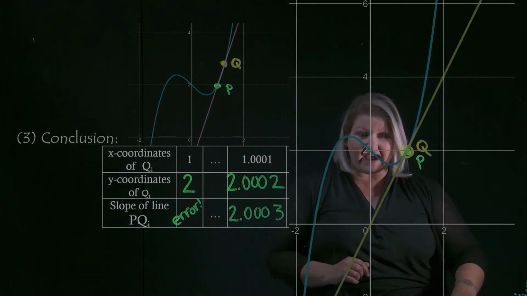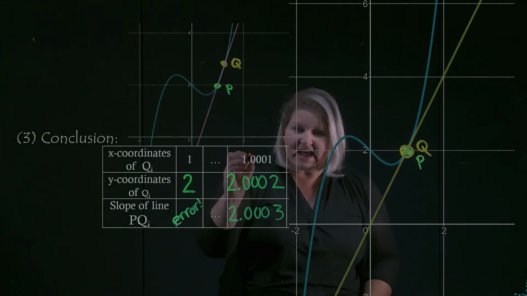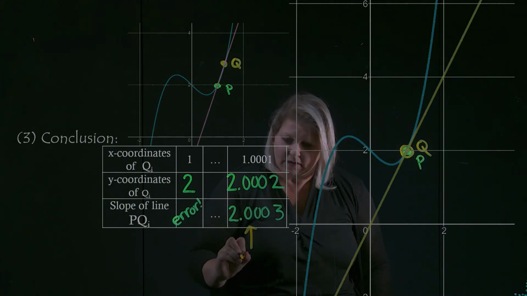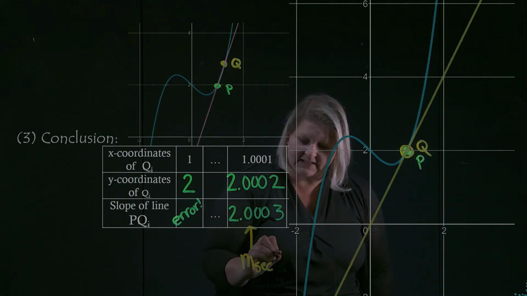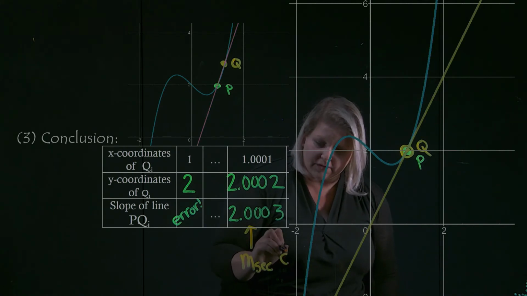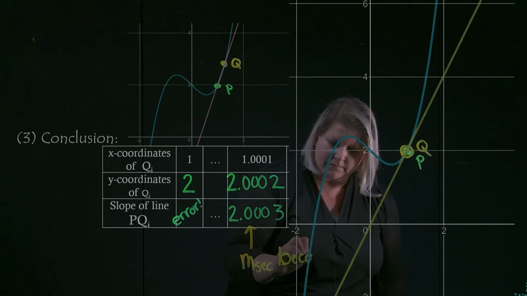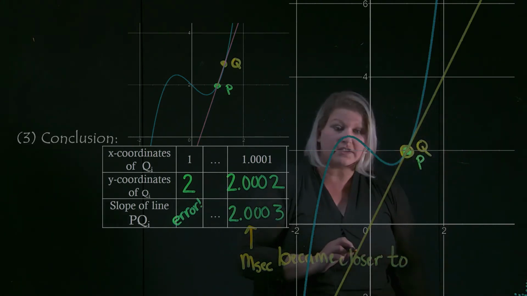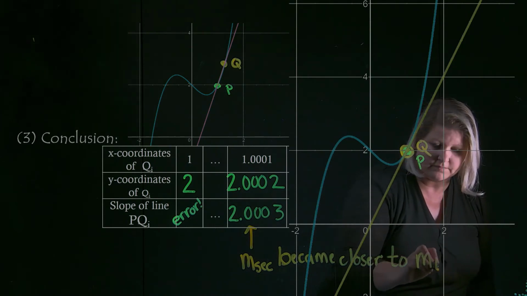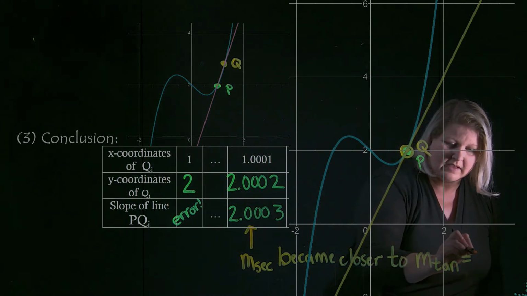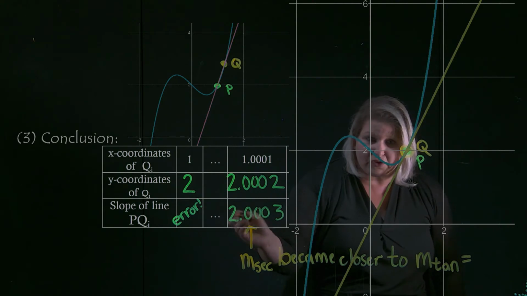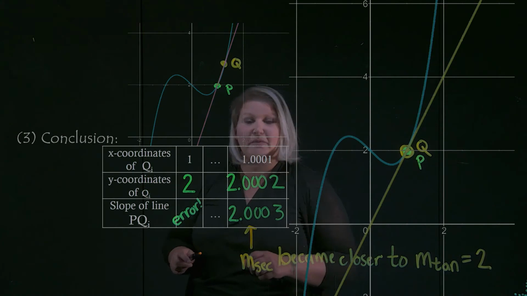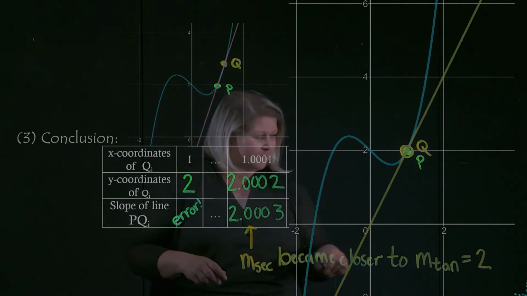And then what we found is that as Q got closer and closer to P, the slope of the secant became closer to the slope of the tangent. And I believe as we get closer and closer, 2.00000 is going to continue. And then we got the slope of the tangent, which is 2.